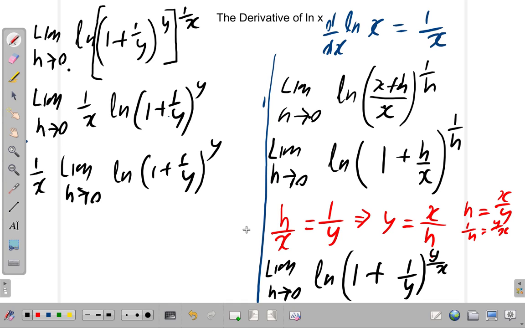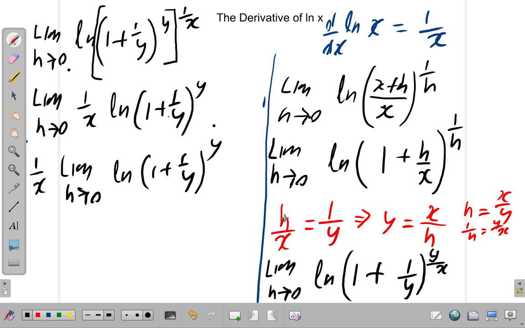Right. Now, what do we have here? If y is a certain number and y is getting larger and larger, then this starts looking like the Euler number that we've seen before. But let's look at h tending to 0.